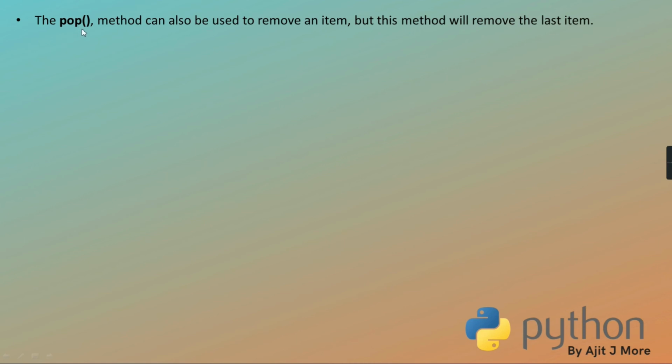Here we don't have the provision of giving an index. This method can be used to remove an item, but it will remove the last item, meaning whichever item is last according to the order. Not our order, their unpredicted order, right? And here there is no provision of giving an index, which is possible in the case of a list.